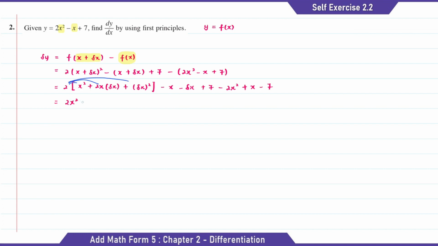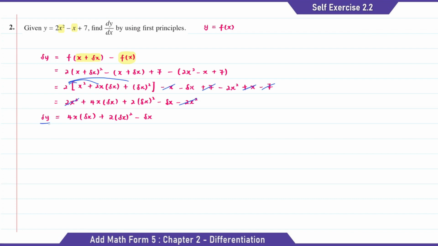You're going to get 2x squared plus 4x delta x plus 2 delta x squared. So negative x plus x here will be cancelled. The same with 7 minus 7. Then just left with negative delta x minus 2x squared. So next 2x squared minus 2x squared will be cancelled as well. So this will be the delta y.